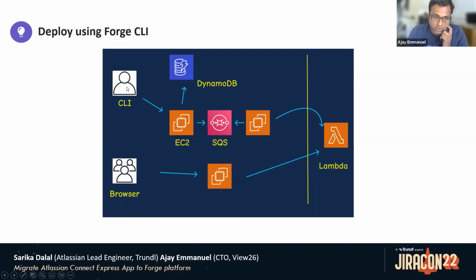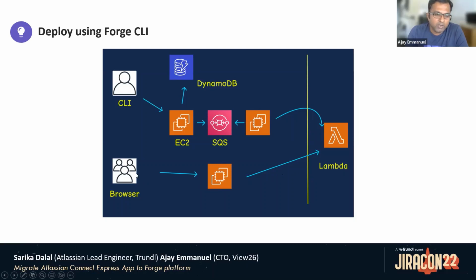Whenever you run the Forge deploy command, what happens internally is that it invokes certain Forge services, which take your entire application code, link it, do some checks, and queue it through an SQS so that it gets deployed onto the Lambda. It gets provisioned on the Lambda. There are some queues involved here to make sure that the rate limiting things are addressed internally.